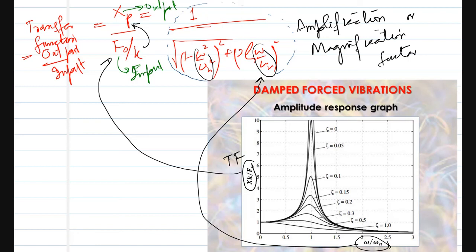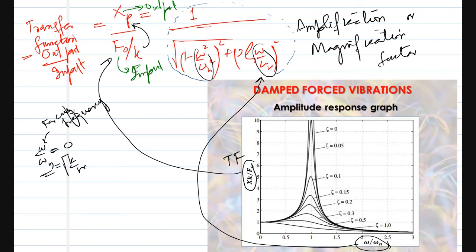Just look at this. Mathematically, if omega over omega n is 0, now remember what omega and omega n are. Omega n is the natural frequency of the structure, which is square root of k by m, and omega is the forcing frequency. Forcing frequency means the frequency of the force that is applied on this system.